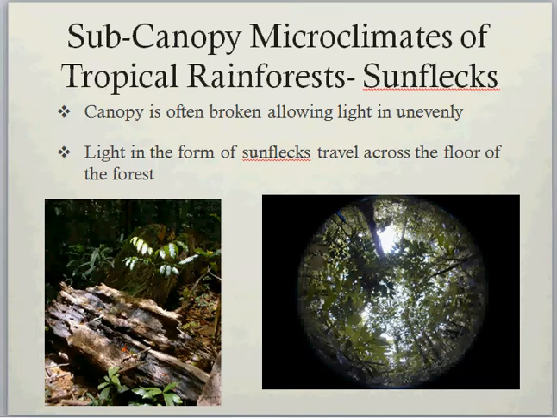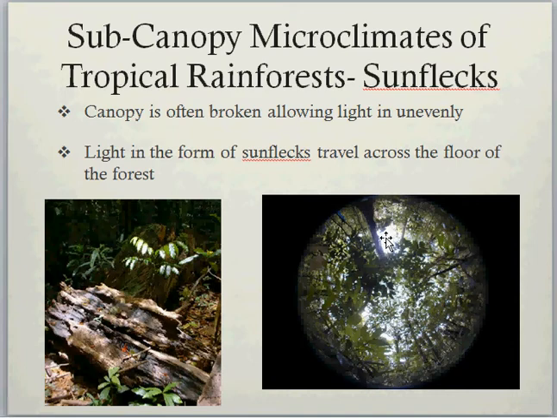But the small breaks in the canopy, which you can see in this fisheye hemispherical lens photograph, you can see there's a fairly sizable micro gap there, and there's a few other patches of gaps and so on.